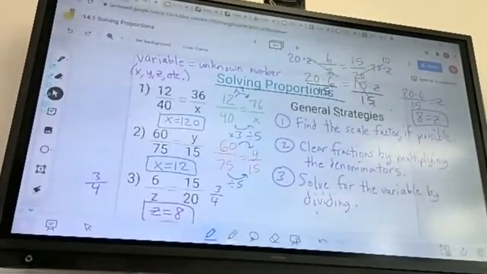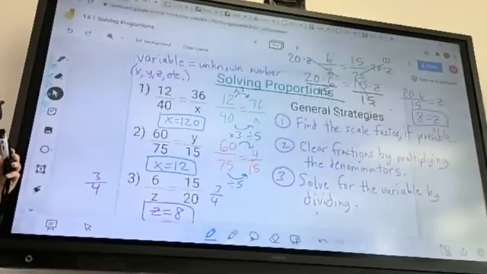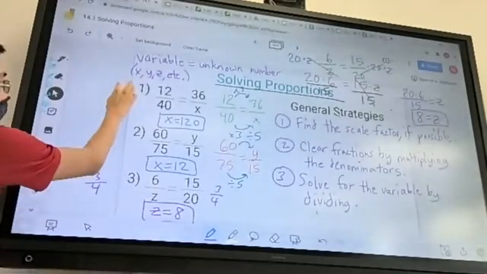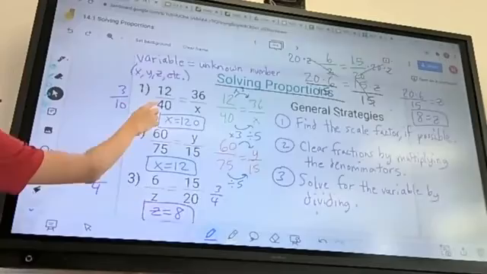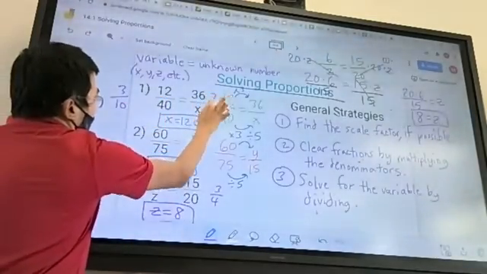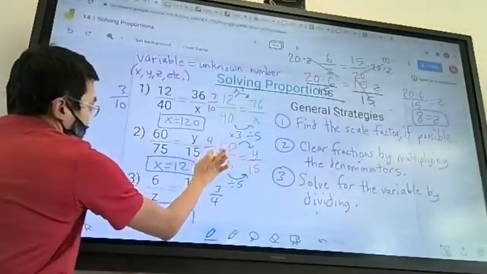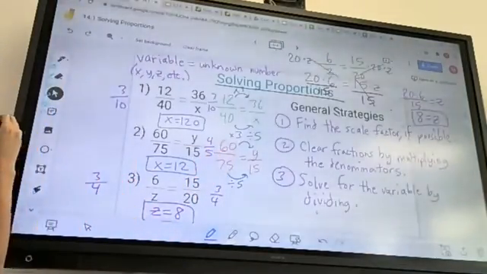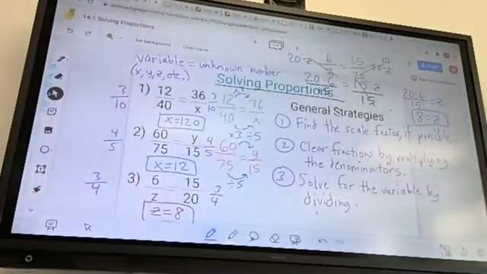You can simplify each one of them. 12 over 40 simplifies to 3 over 10. And 36 over 120 also simplifies to 3 over 10. 12 over 15 simplifies to 4/5. And 60 over 75 also simplifies to 4/5. So they should be proportional on both sides.